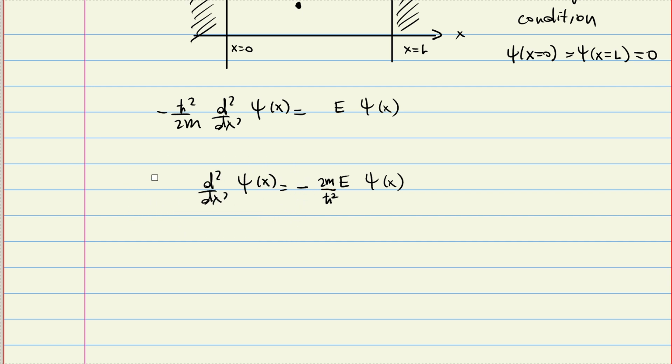Now the second derivative is equal to minus E times 2m over h bar squared times psi. Because E is positive, we expect E to be positive, I define this to be k squared because of positivity, and I write k squared here. And this is the differential equation I need to solve, right?